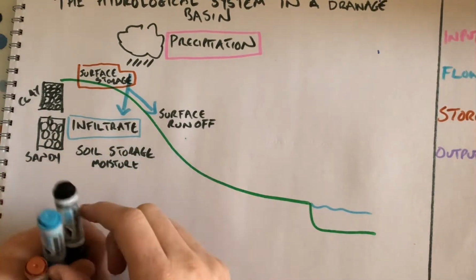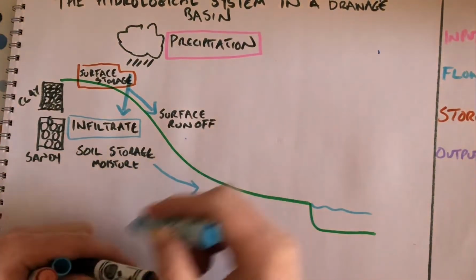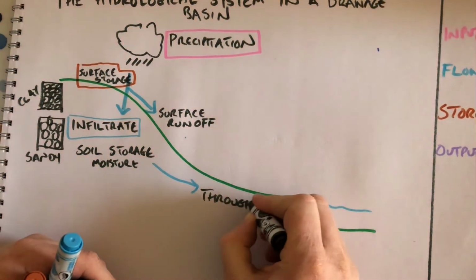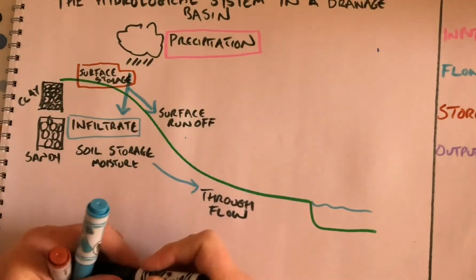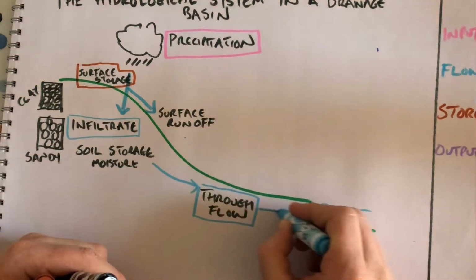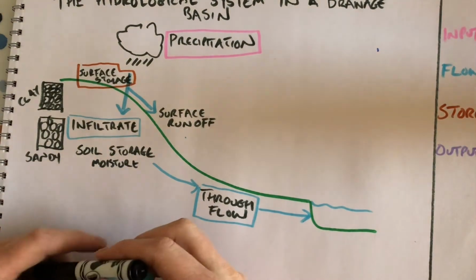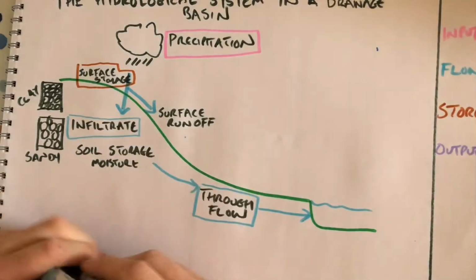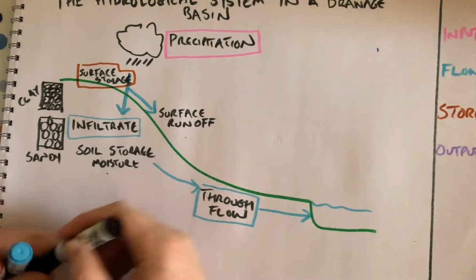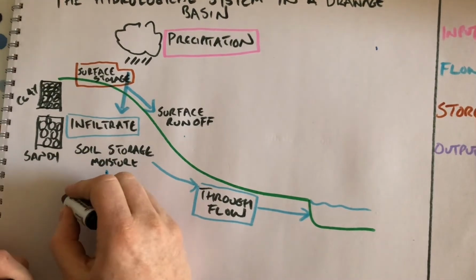But water could then, at that point, flow underground as throughflow, flowing through the soil until it reaches the river underground. Water that infiltrates and is stored in the soil but doesn't flow through the soil, but gravity continues to pull it down, will end up undergoing a process called percolation.